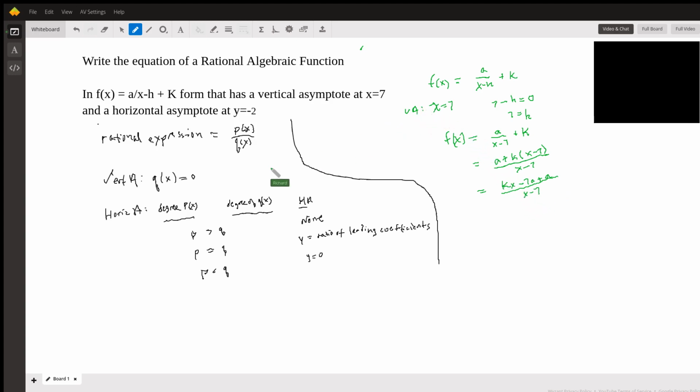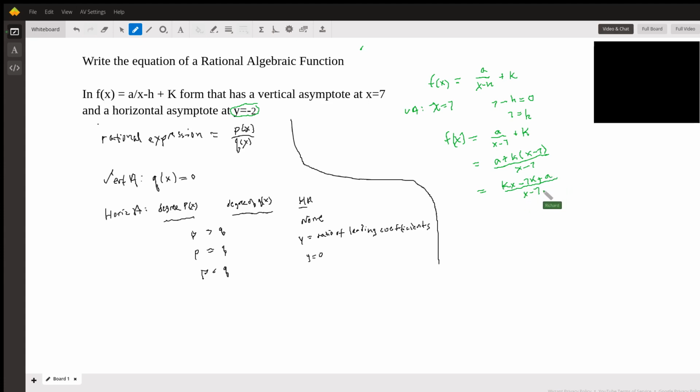Okay, now for the horizontal asymptote, we're told it has to be -2. You can see that the numerator is a first degree polynomial. It's linear. The slope is k, and the y-intercept would be -7k plus a.